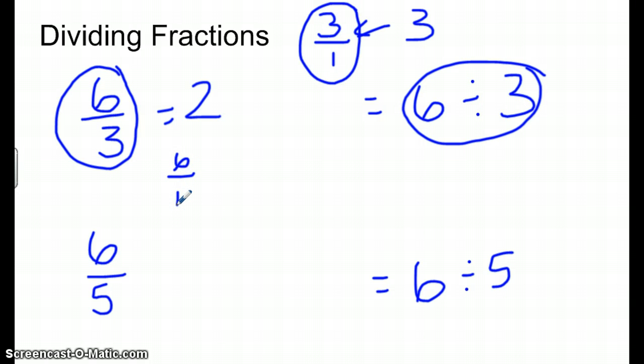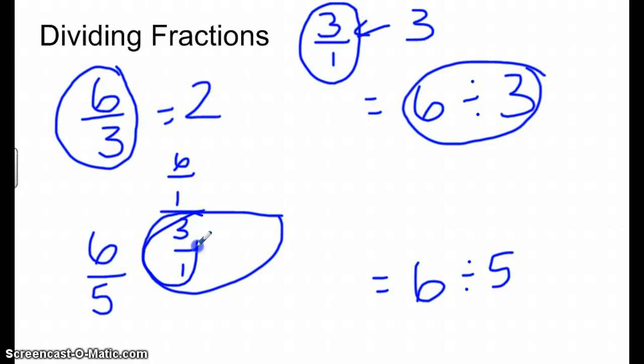Okay? And if I was going to be dividing by 3 over 1, that starts to look a little confusing, right? So let's get rid of the denominator part. To do that, I want to multiply by something that would make this number here worth 1.